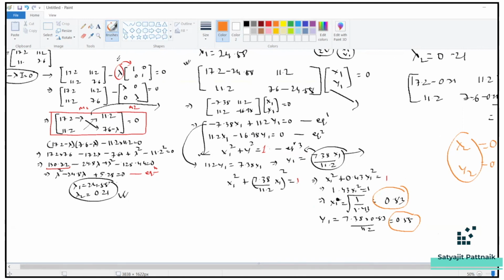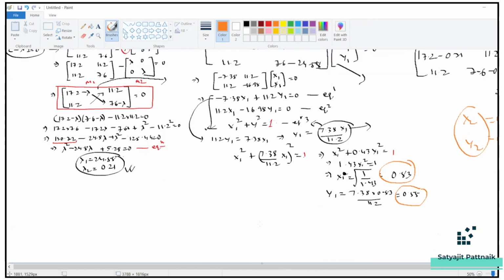Now if I just summarize everything, this is how my final output looks like: 0.83, 0.55, let's say 0.5 and 0.5. So this is nothing but my x1 and y1, which is also called lambda 1, and x2 and y2, also called lambda 2.